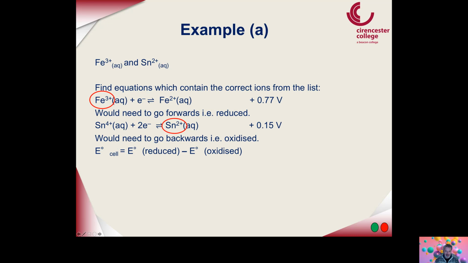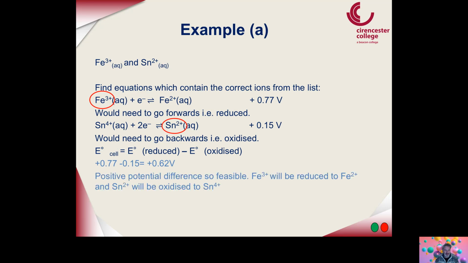So we've got plus 0.77 minus plus 0.15. Put them together, you get plus 0.62. That's pretty positive, so that's pretty feasible. So Fe3+ will be reduced and Sn2+ will be oxidized. Fe3+ is a more powerful oxidizing agent than tin 4+.